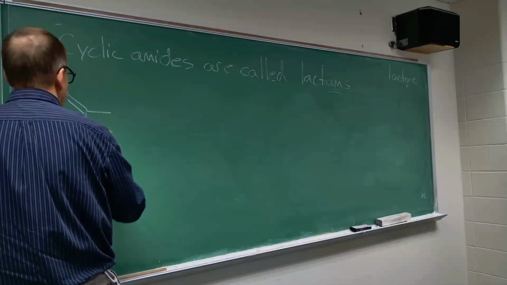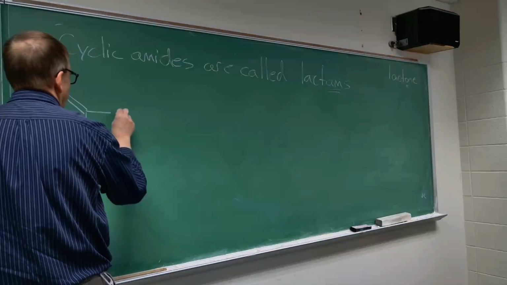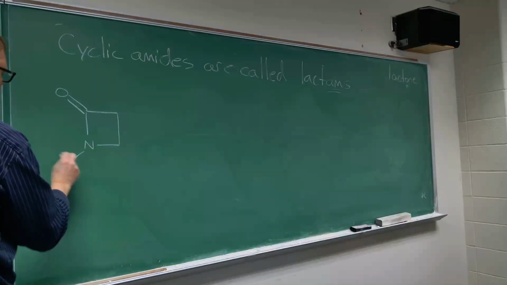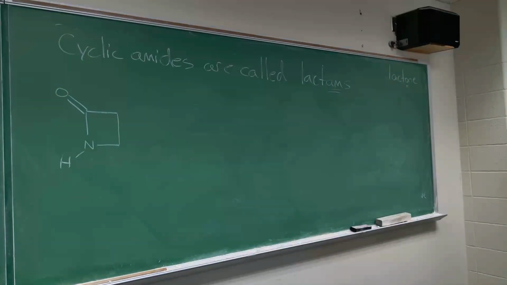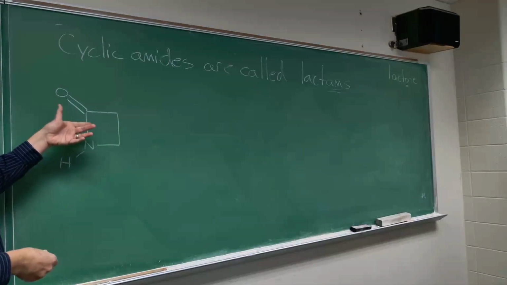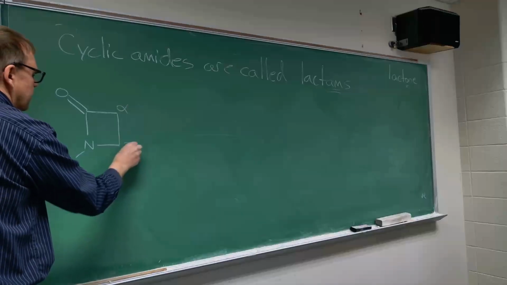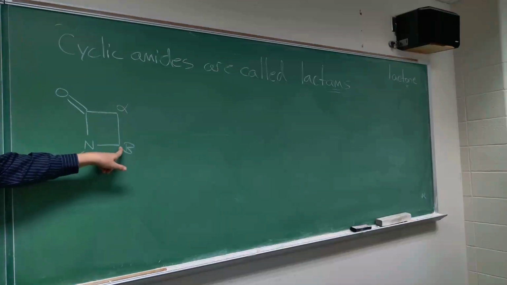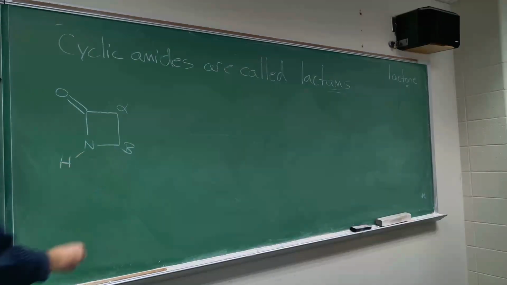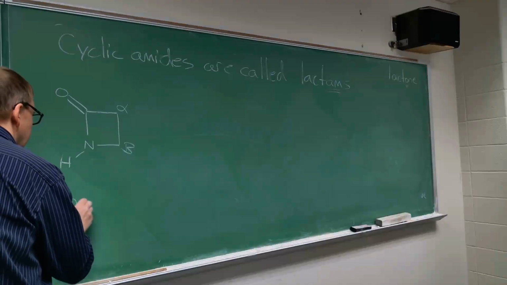These are molecules that contain an amide bond that's in a ring. And just to define that class that we talked about before, here's a cyclic amide, a lactam, where if you classify the positions, the beta position is where the nitrogen is attached. So this is called a beta lactam.